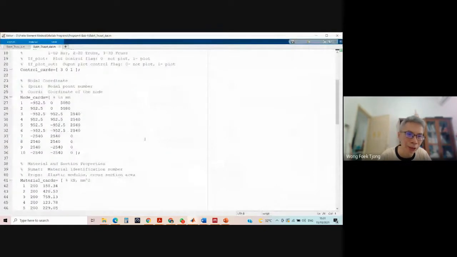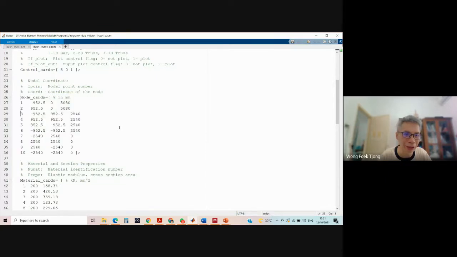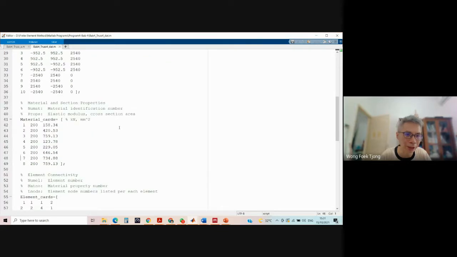So these are the coordinates in millimeter, not in inch, because we are in Indonesia, right? The original is inch. And then the material is all steel. So this is E, in kilonewton per millimeter squared or gigapascal.